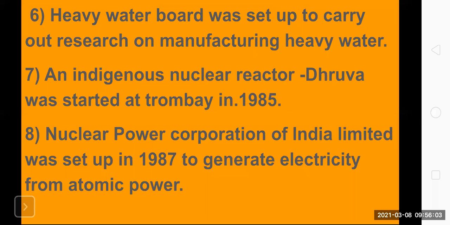And last one, Nuclear Power Corporation of India Limited was set up in 1987 to generate electricity from atomic power. So there are 8 points, students. You can learn any 7 points. And to write a better answer, you can underline the main points or main words and then write the answer. Okay.